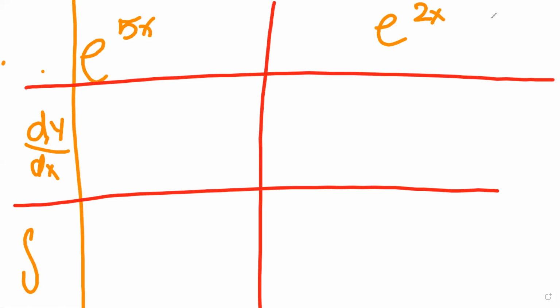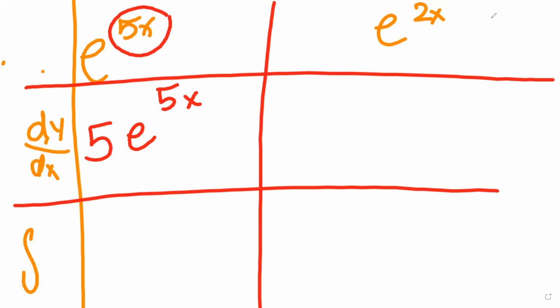If you have e to the power 5x, the derivative is 5e to the power 5x. For the derivative, you multiply by the derivative of the power, and for the integration, you divide by the derivative of the power.